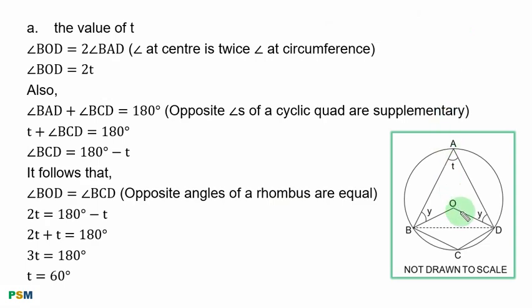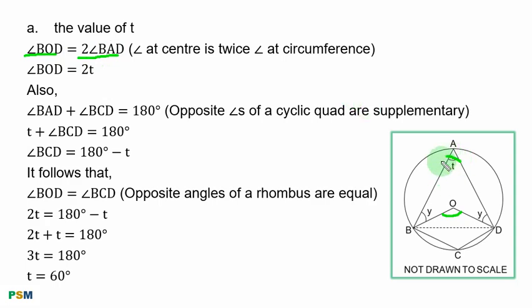First, we need the obtuse angle BOD. We have two angles at the center. One is reflex, the other one is obtuse. So the obtuse angle BOD is equal to 2 times angle BAD.